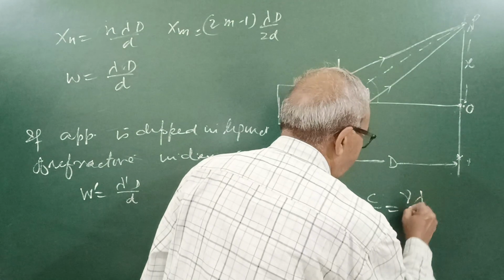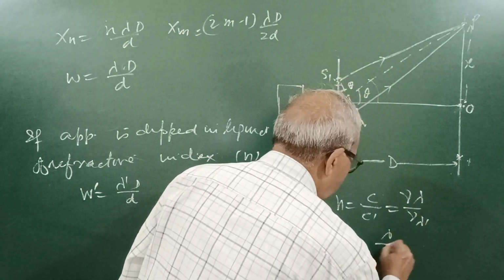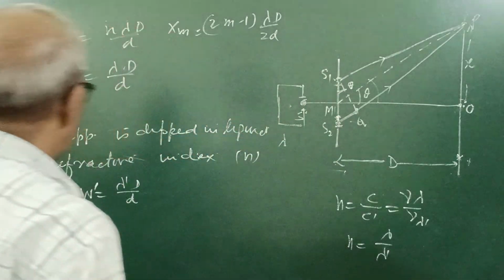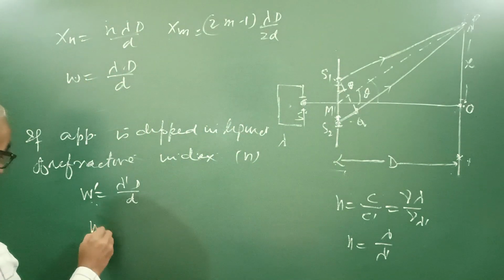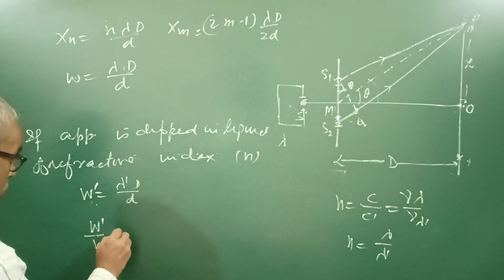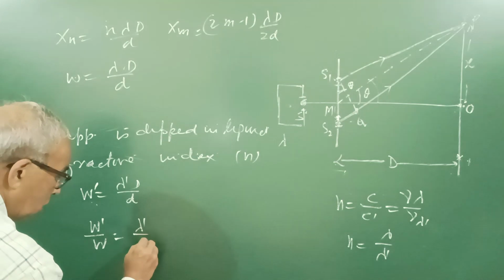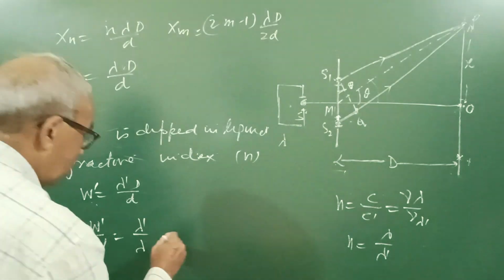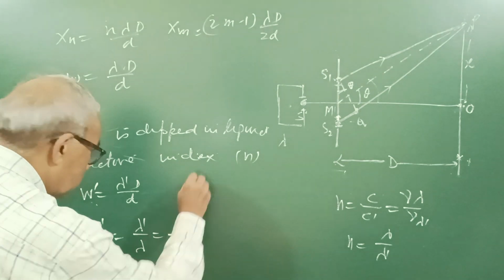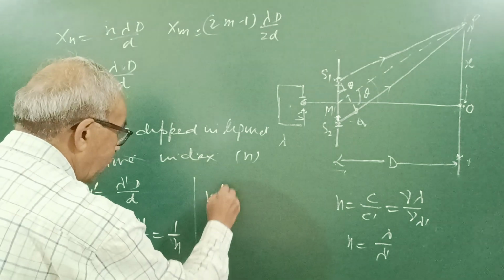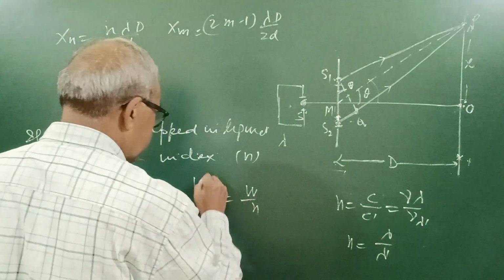So nu lambda upon nu lambda dash, so n equal to lambda upon lambda dash. If I divide this equation by this, I get W dash upon W is equal to lambda dash upon lambda, which is 1 by n. So W dash is equal to W by n.